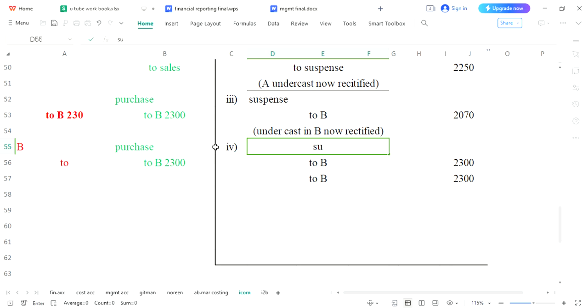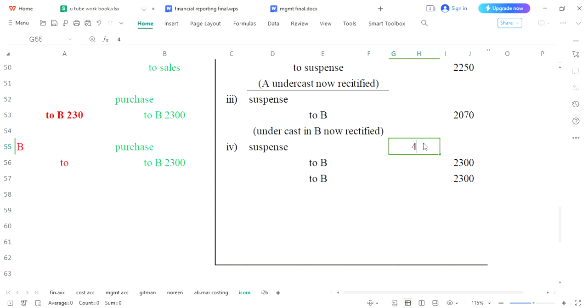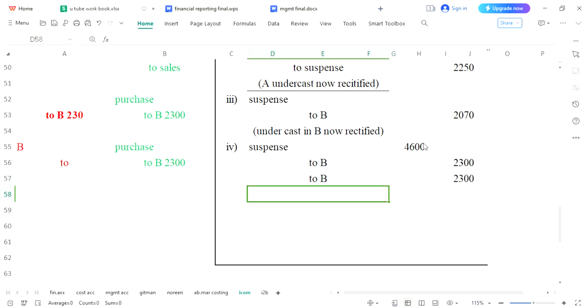So you will write suspense over here. So our entry is suspense to B, to B. You may write B once and write 4600 over here. Alright. So in this way, what narration will we put?